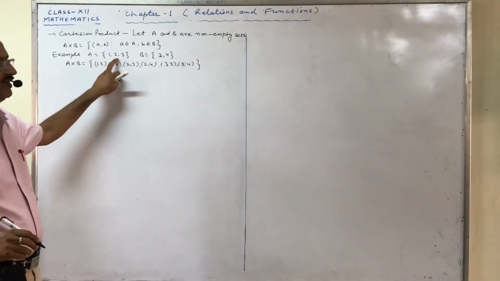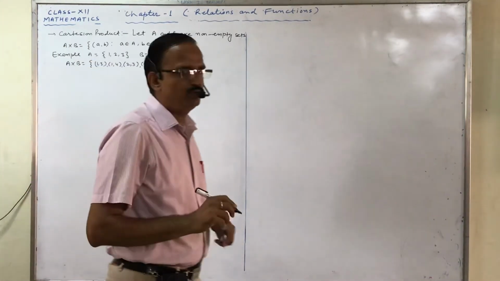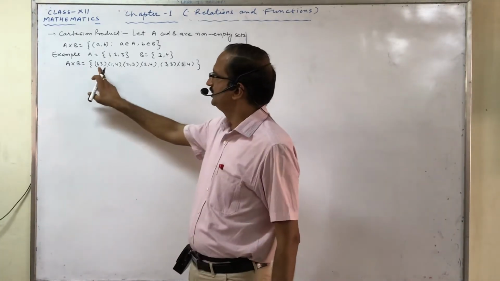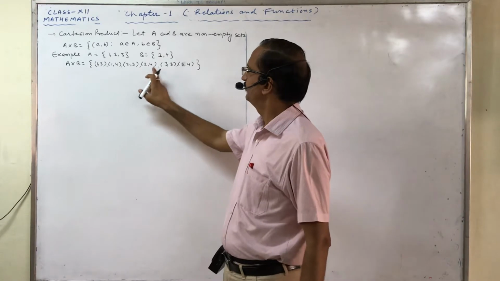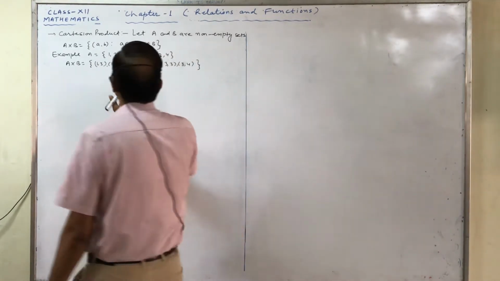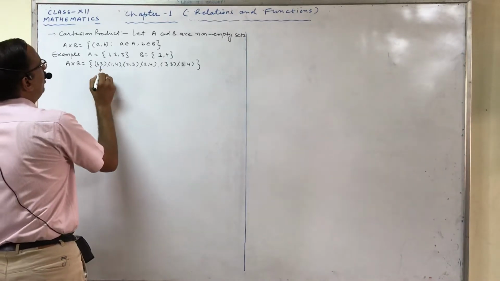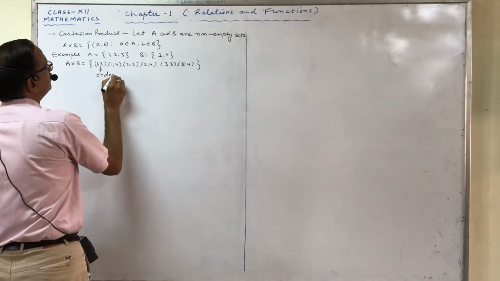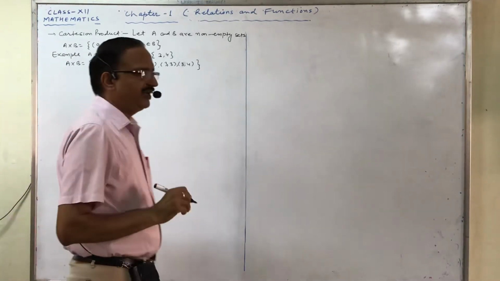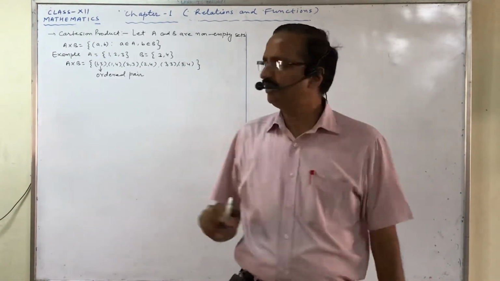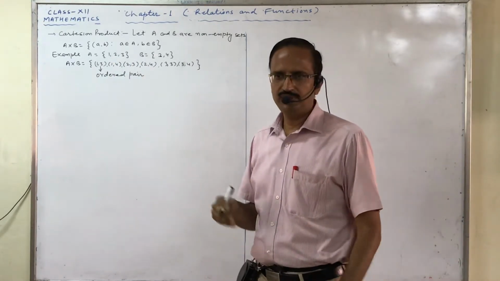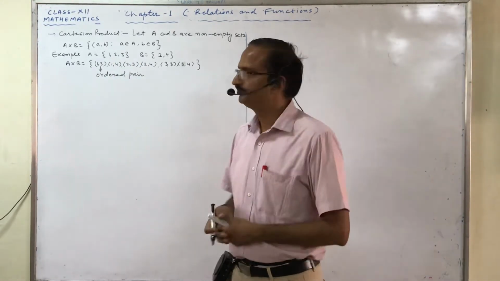Since A has 3 elements and B has 2 elements, A cross B has 6 elements. These are the 6 elements: 1, 2, 3, 4, 5, 6. This is A cross B, and each of these pairs is called an ordered pair. So A cross B has 6 ordered pairs because A has 3 elements and B has 2 elements. So 3 multiplied by 2 is 6.